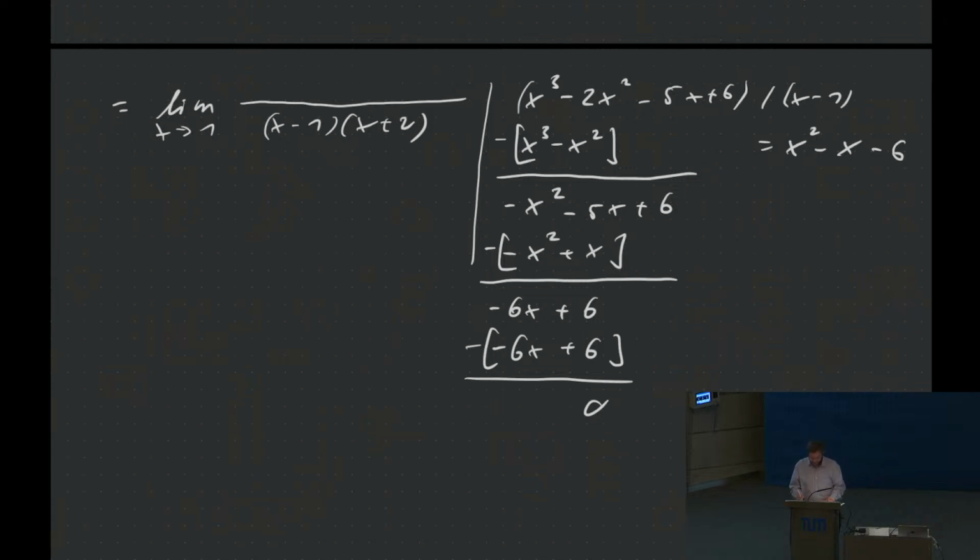So the division actually works. This here is the remainder. And that means we can express this numerator as x minus 1 and then x squared minus x minus 6. And that is this result here.